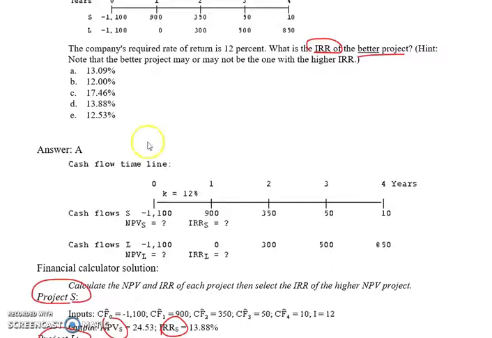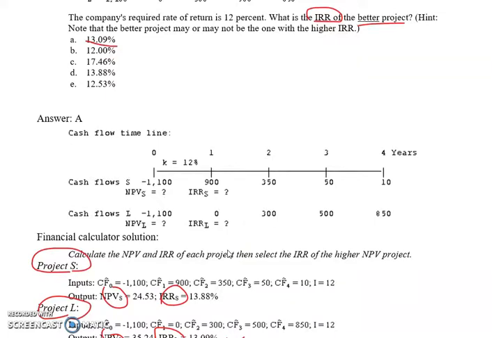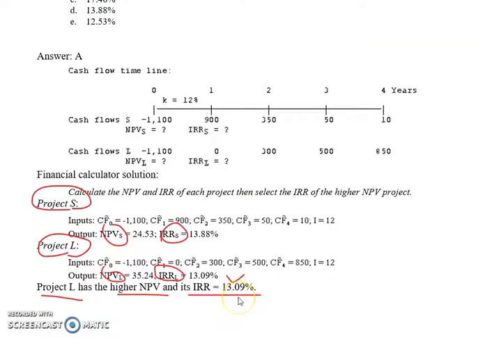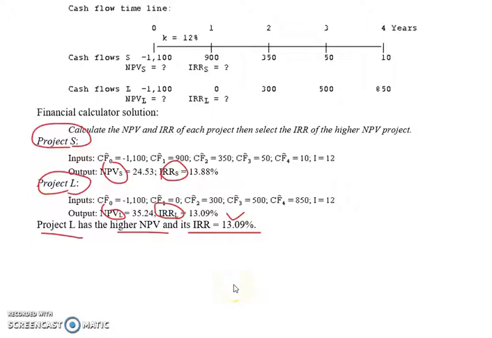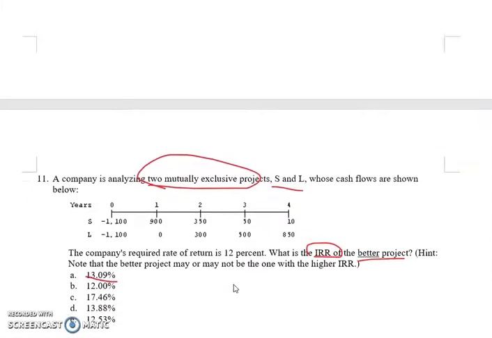So the answer is 13.09%, which means the project with the higher IRR, 13.08%.